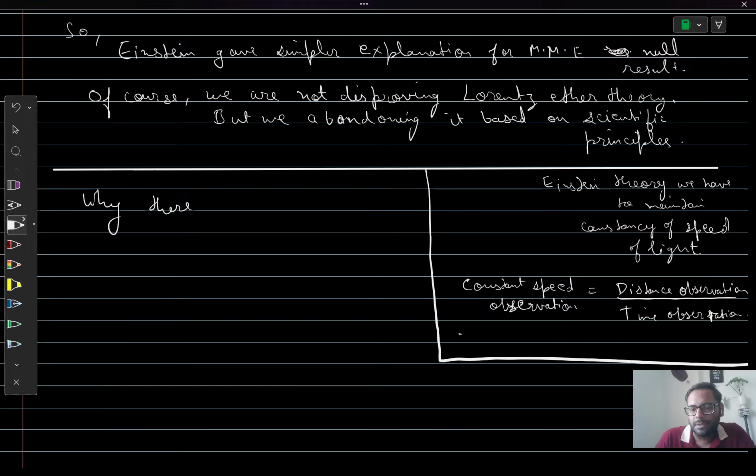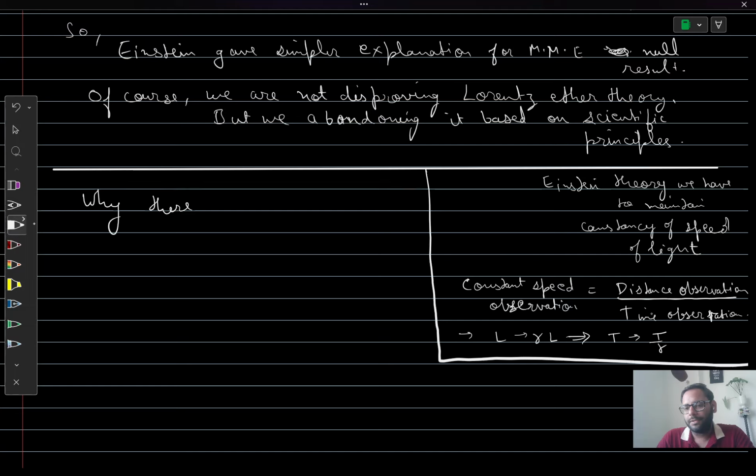And suppose if you contract the distance, we have to maintain this constancy. So if you are disturbing the distance, then the time should be disturbed also. If you are making your L into L by gamma, this will imply your time will go from T to T by gamma.